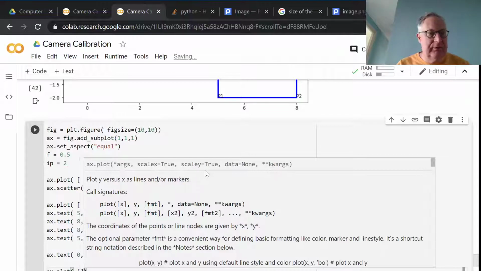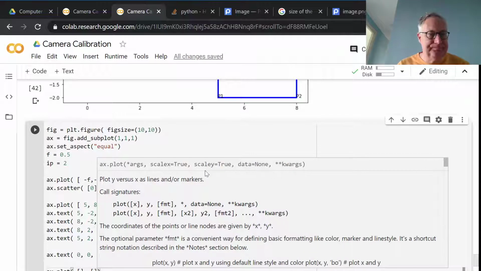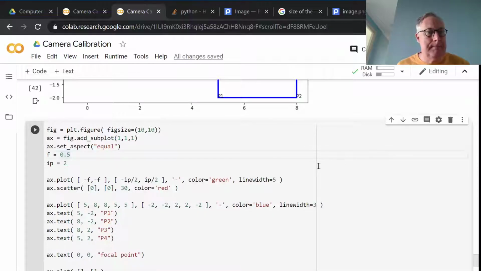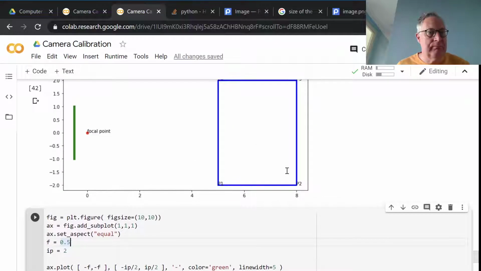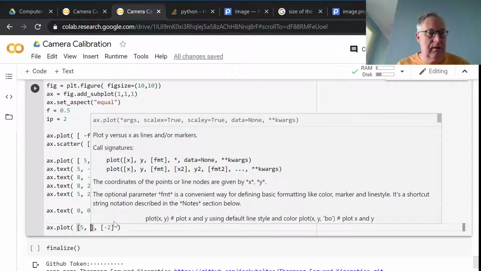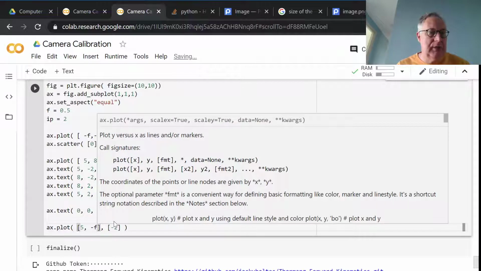The line will start at point P1, which will be 5, minus 2. Then here the distance would be minus f.